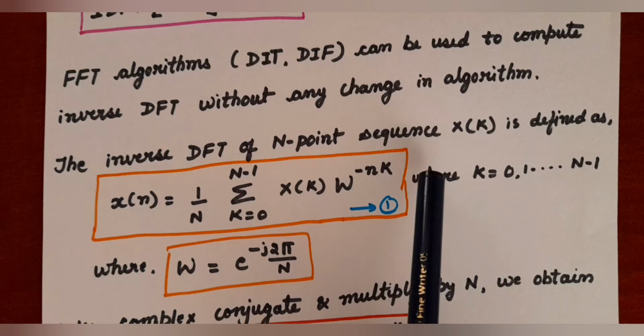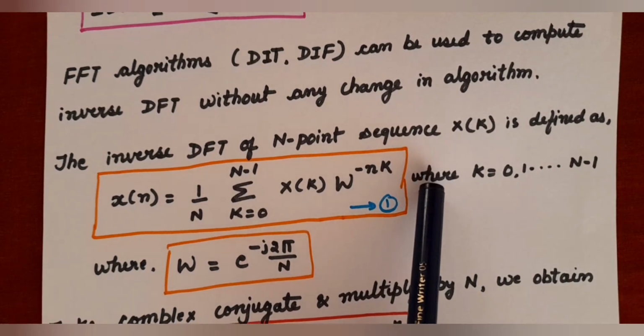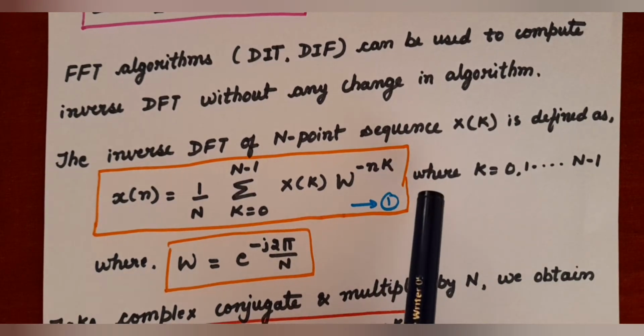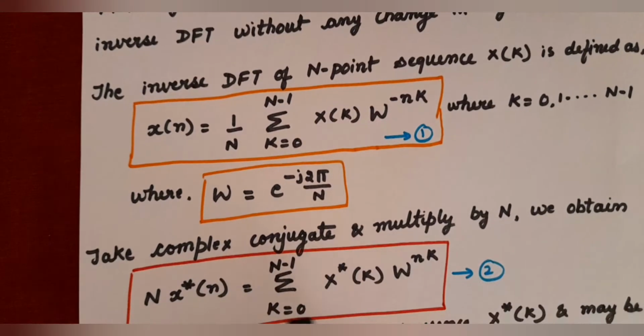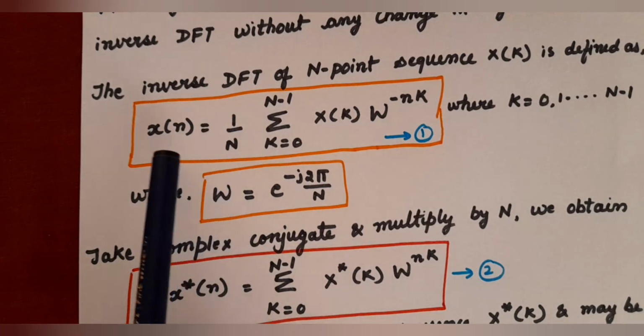Now, by taking the complex conjugate of equation 1 and multiplying by capital N, we will get this equation. What have you done? Complex conjugate.